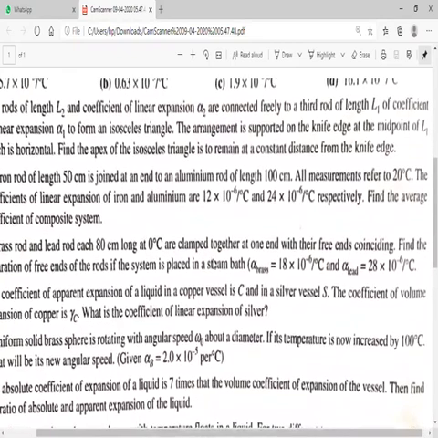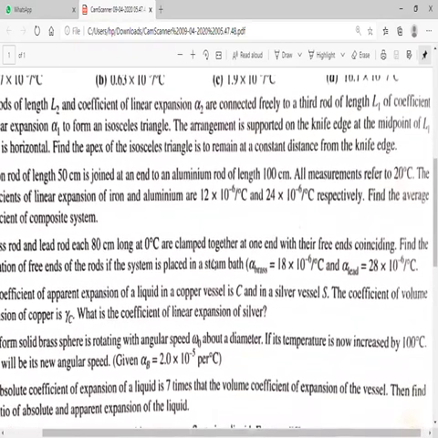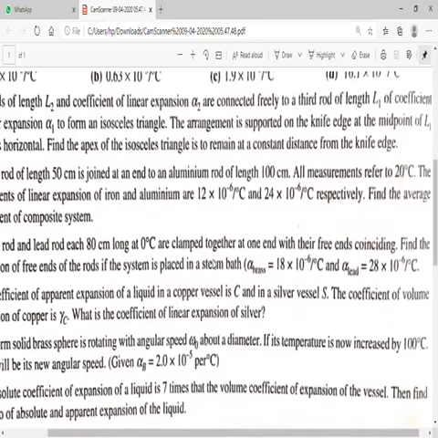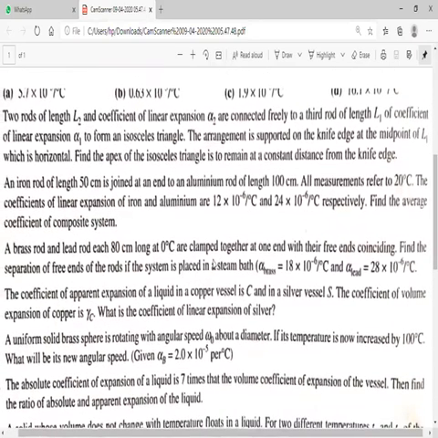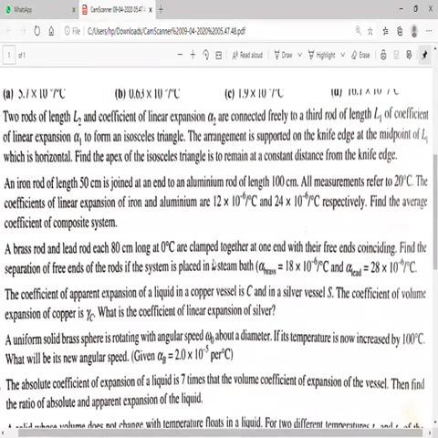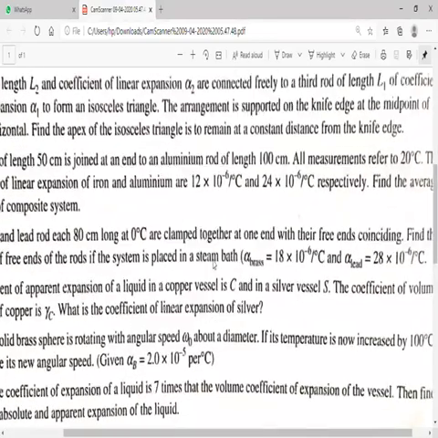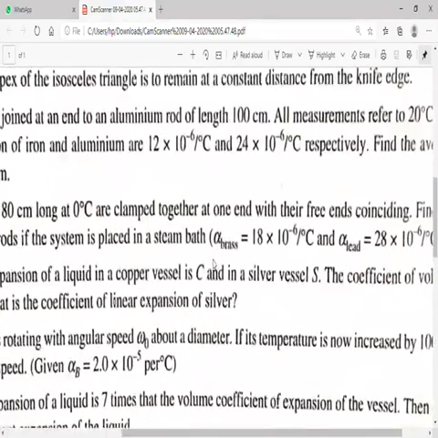Steam bath in the sense the temperature reaches 100 degrees Celsius. At 0 degrees Celsius their lengths are 80 centimeters, and for both of them one ends are joined and the other free ends are coinciding. That means side by side both the rods are placed there, and one end of both the rods will be fixed. Now, alpha for brass is given, alpha for lead is given. So based on that, we have to solve the problem now.